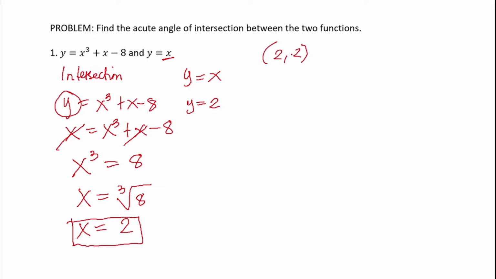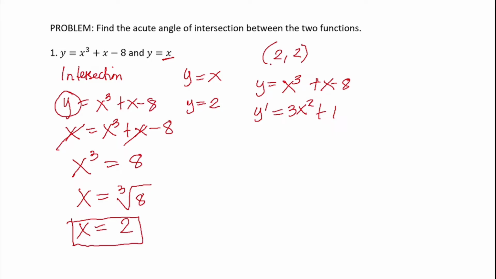Next step is to find the first derivative of each function. The first derivative of x cubed plus x minus 8: y prime is equal to 3x squared plus 1.